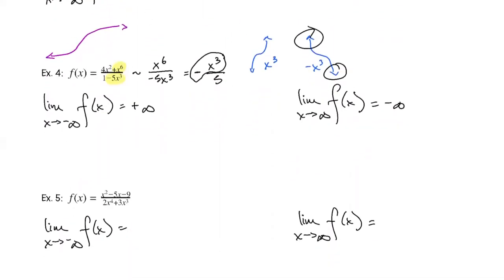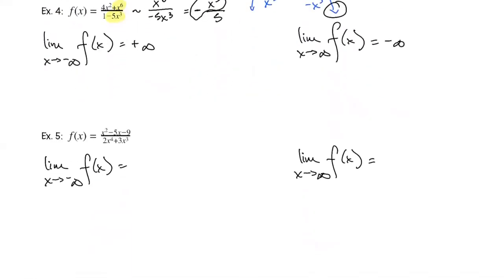All right, I think we can just squeeze this problem right in. This last one here, the degree on the top is a 2. The degree on the bottom is a 4. The degree on the top is smaller than the degree on the bottom. And so what does that mean about our horizontal asymptote, other than that it has one?